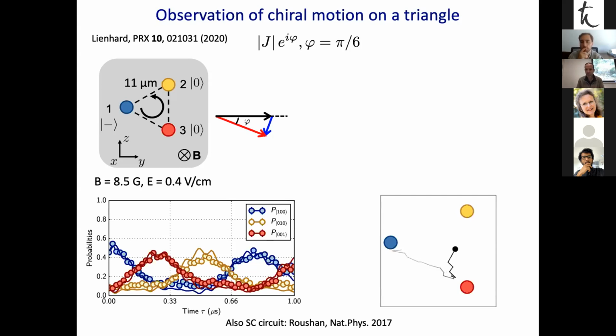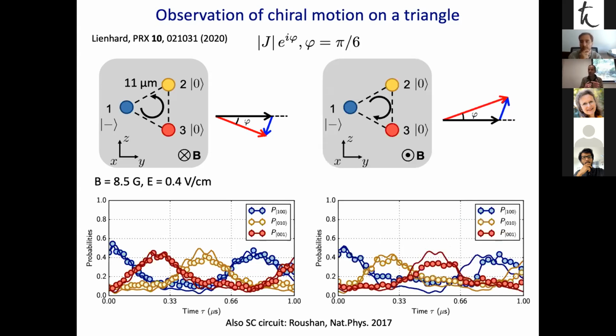This is just the center of mass that we've plotted here. Of course, it's an experiment, so it decays back to an average. The center of mass goes to 0, but still you can see this chiral motion around the circle. More importantly, if you revert the sign of the magnetic field here, you revert the sign of the rotation. Instead of going counterclockwise, it now goes clockwise.